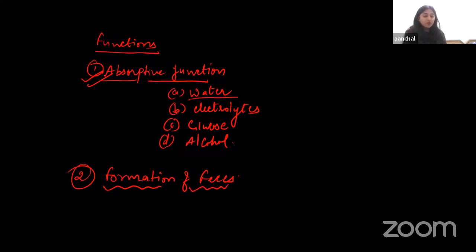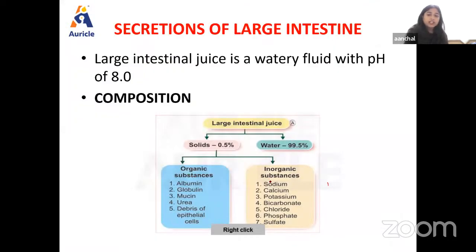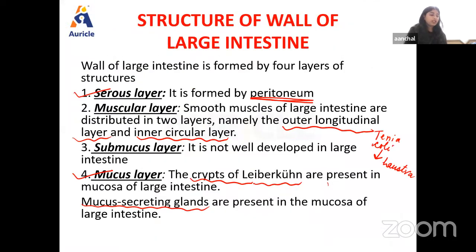So after the absorption of nutrients, water, and other substances, the unwanted substances inside the large intestine are formed into feces, and that should be excreted out of the body whenever the defecation reflex comes.